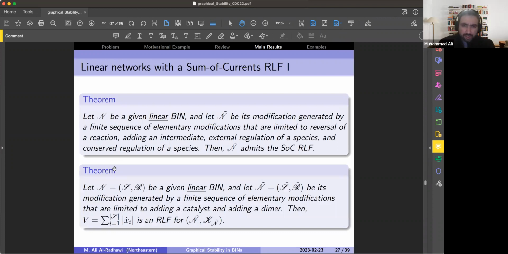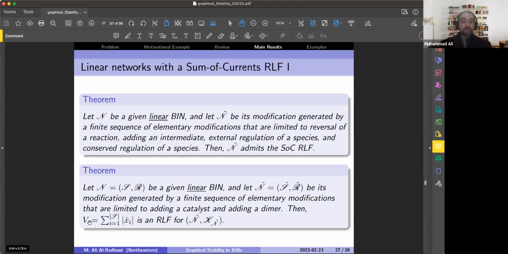Okay. So these are the main results regarding linear networks, so networks which are monomolecular or compartmental. You can apply many of these modifications without impacting the stability of the network. And in particular, for these two modifications, adding a catalyst and adding a dimer, which actually convert a linear network into a nonlinear network, we actually have a robust Lyapunov function for such modified networks.